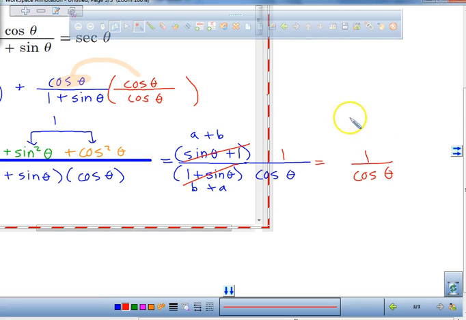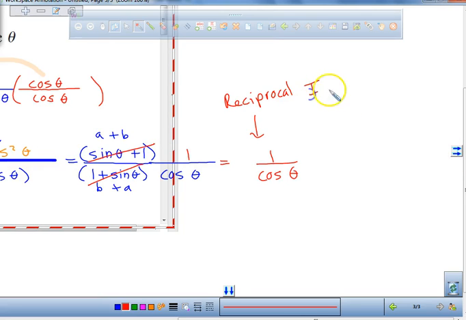Now, what is 1 over the cosine? What do we have to look for? We have to look for one of our reciprocal identities. So when you guys are doing these problems and talking about them, what vocabulary words do I want you to use? I want you to use reciprocal identity. I want you to use Pythagorean identity. All right? I want you guys to use those vocabulary words.